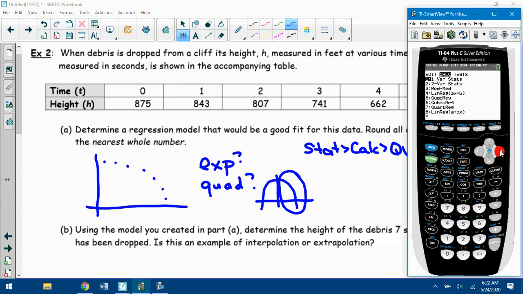Stat, calc, quadreg is choice 5. All the way down to calculate. And it wants you to round it to the nearest whole number. So negative 19x squared plus 18x plus 861.